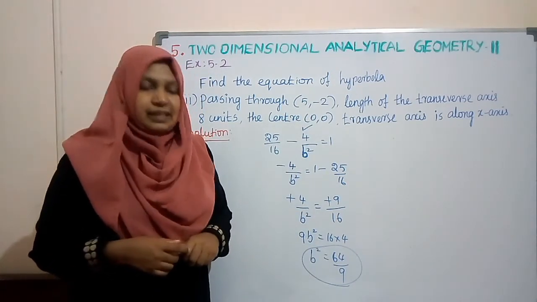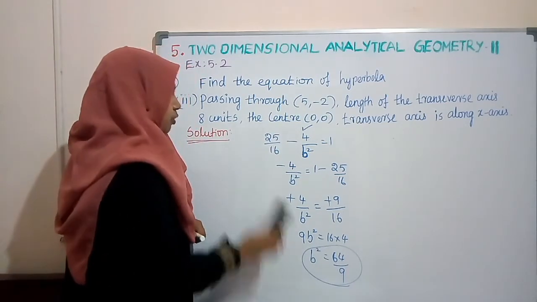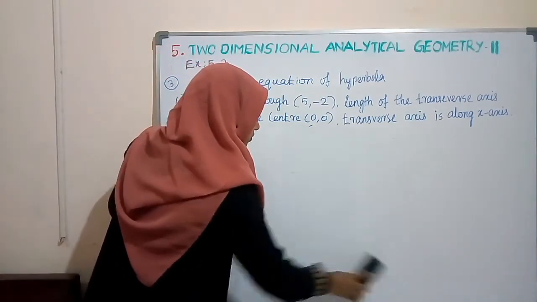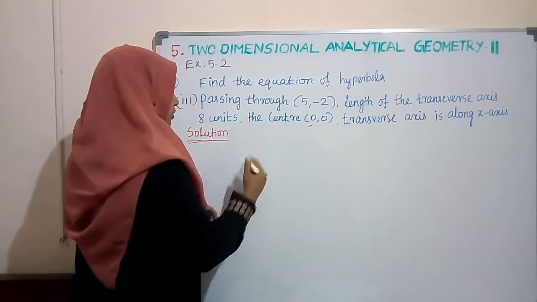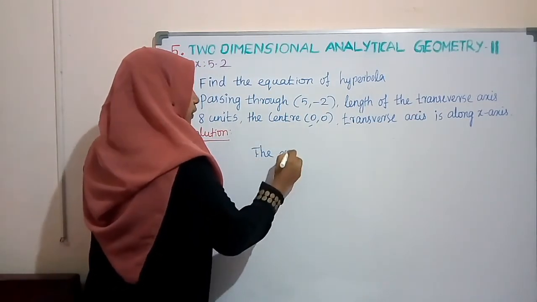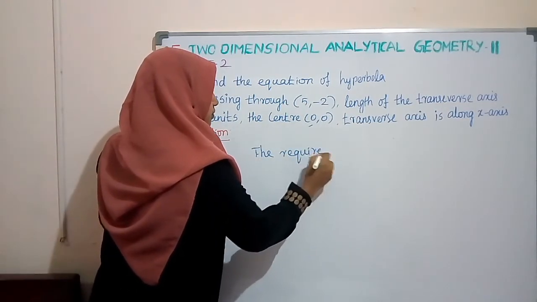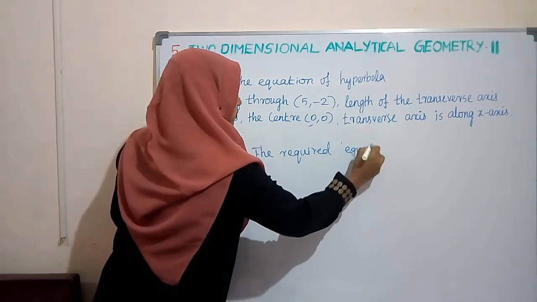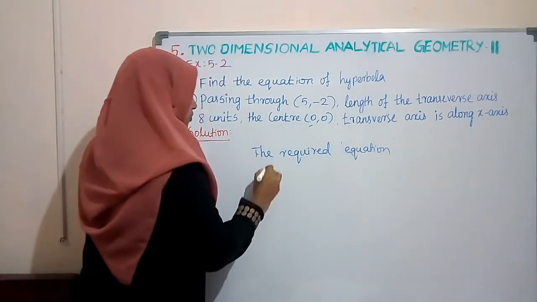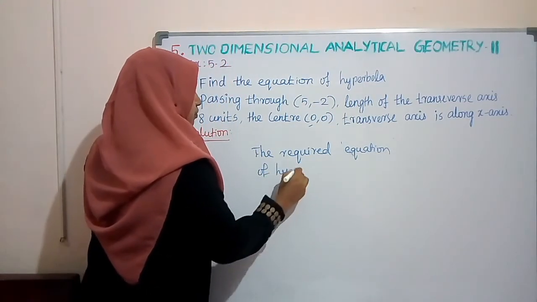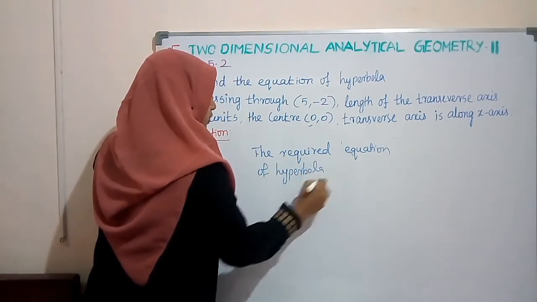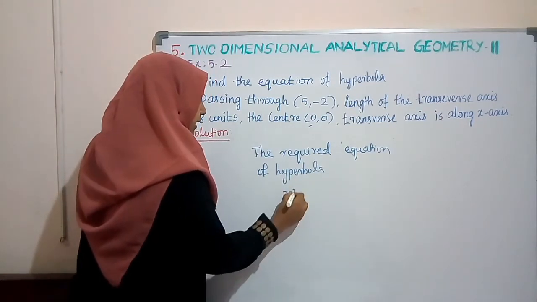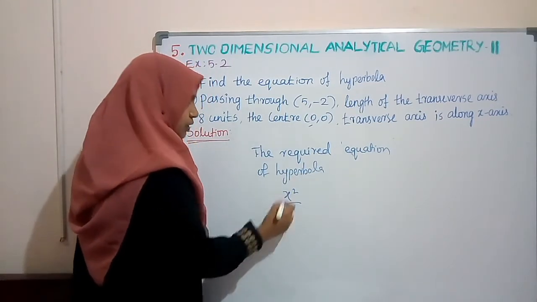Now we can write the equation of the required hyperbola. The required equation of hyperbola is x square by a square. What is a square?